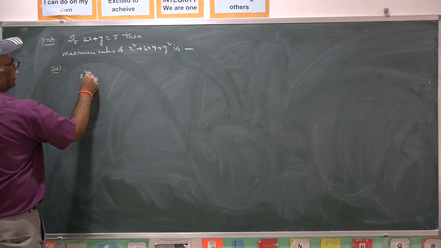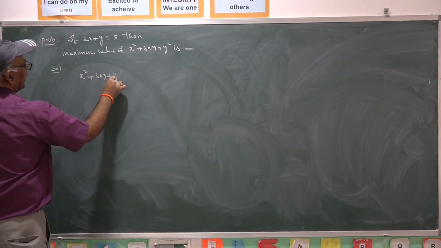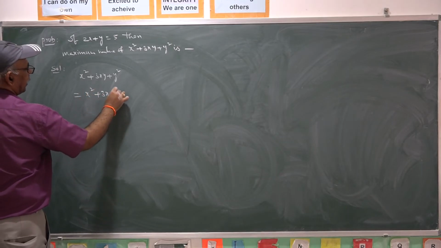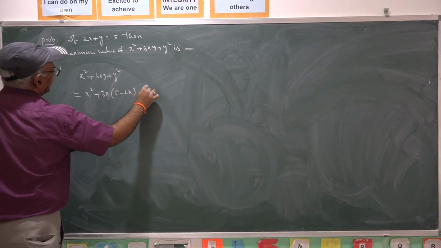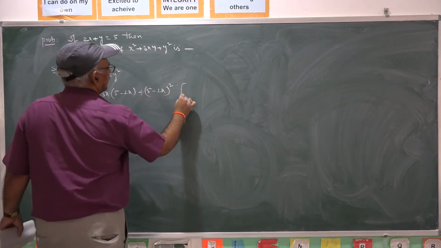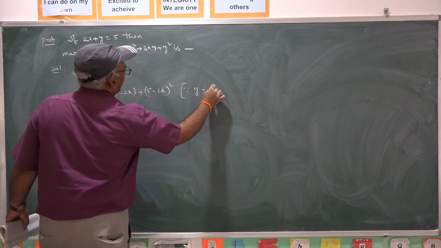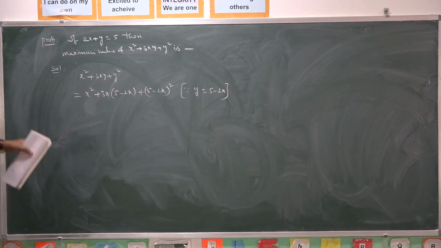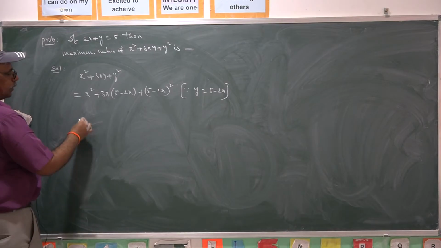Here x square plus 3xy plus y square is x square plus 3x into (5 minus 2x) plus (5 minus 2x) whole square. Since y equal to 5 minus 2x is our condition, based on that condition, you have to maximize the function.